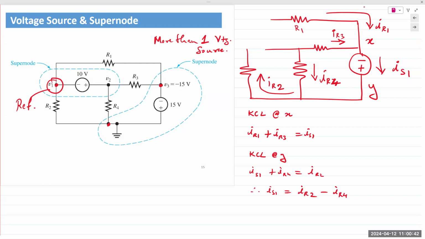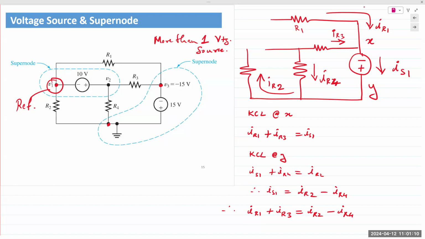I equate both of them together and conclude IR1 plus IR3 equals IR2 minus IR4. What the supernode concept allows me to do is eliminate all of these steps. Basically, two KCL expressions saves me time. That's what it is, nothing else.